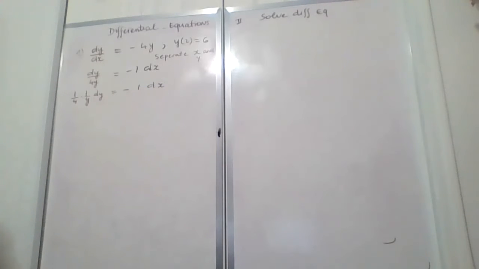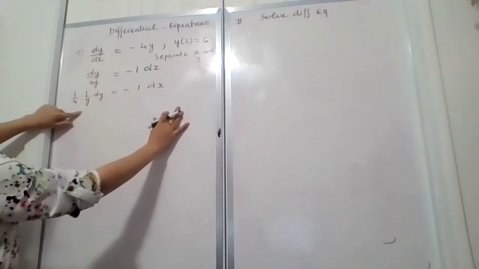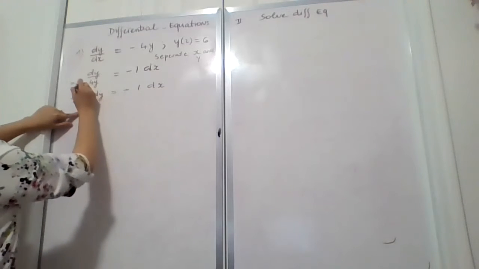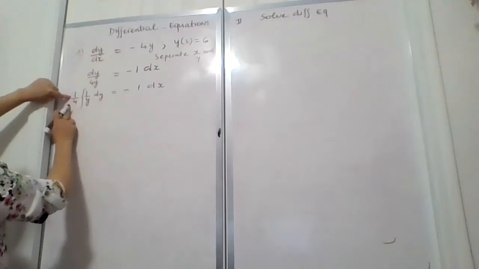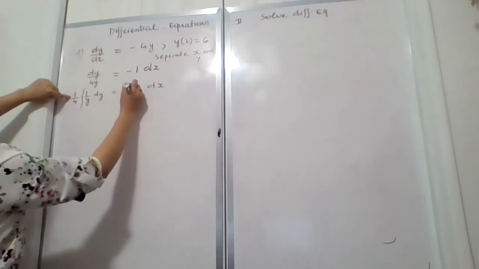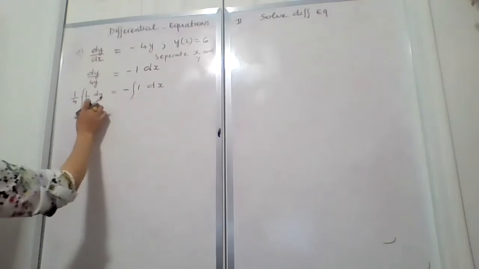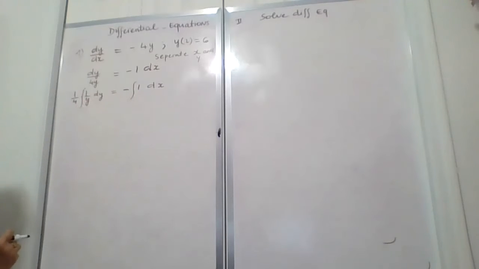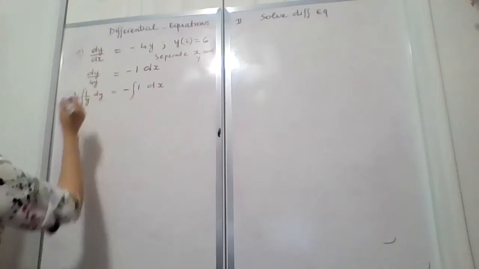Now, at this point, I'm going to integrate both sides. When I integrate, I am allowed to bring the constant to the front, as well as this negative. I bring the negative outside. So now, the antiderivative: 1 over 4 stays 1 over 4.